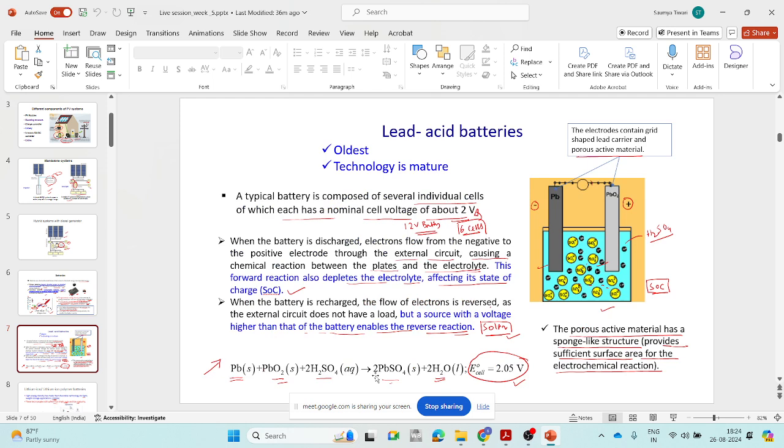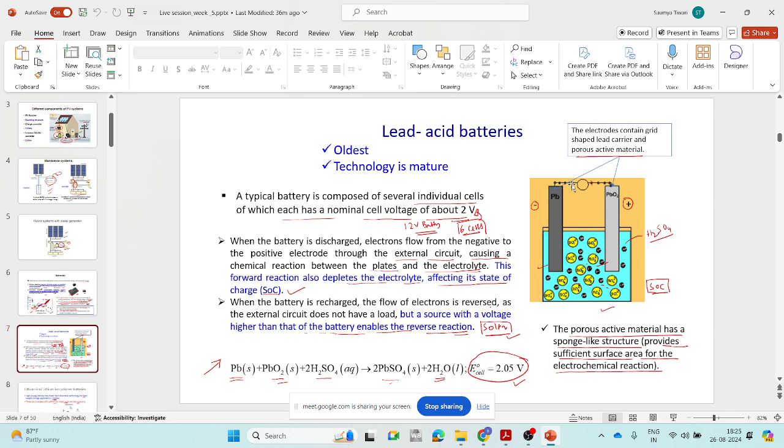Now, coming to lead acid batteries, it's the oldest mature technology that has been used in every household. So you know the charging and discharging cycle. While discharging, electrons flow from the negative to the positive terminal or electrode through the external circuit, causing a chemical reaction between these plates and electrolytes.